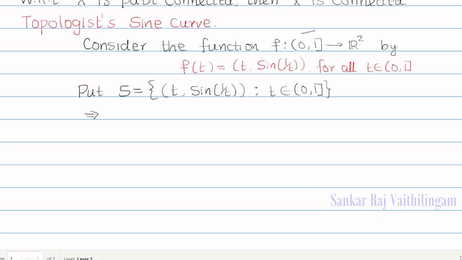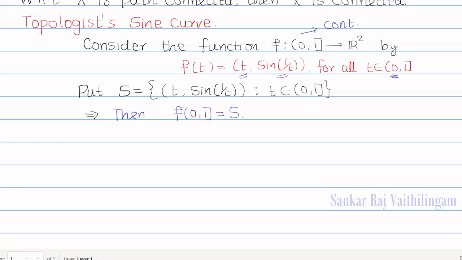Why continuous? The first coordinate is the identity map, and the second coordinate is a composition of two continuous functions. It is well defined because we have excluded 0. So f is continuous, and the image f of (0,1] is equal to capital S. The complete image of the function is equal to S.